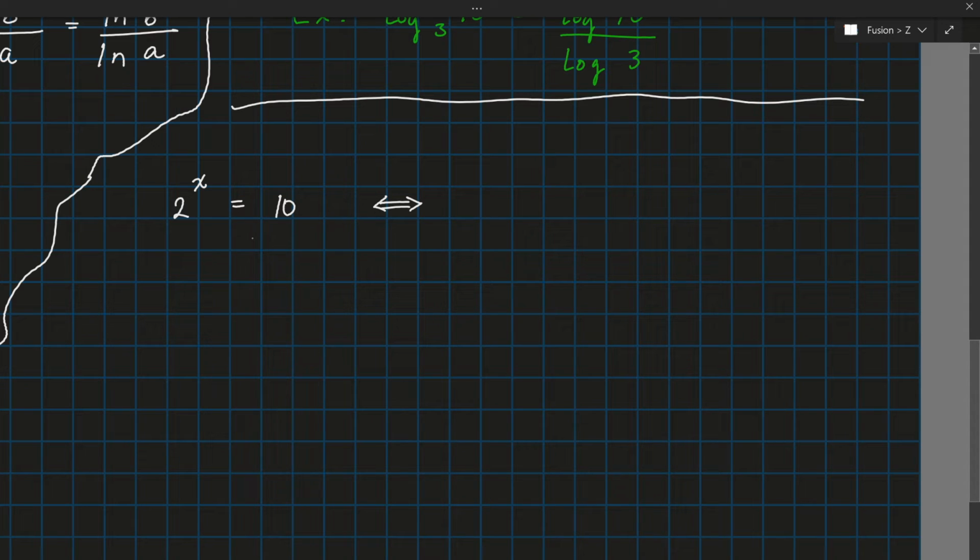Log base 2 of 10. Good. And then what does it equal? x. Right. Awesome. Good job.